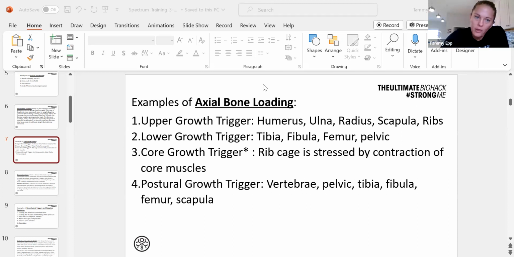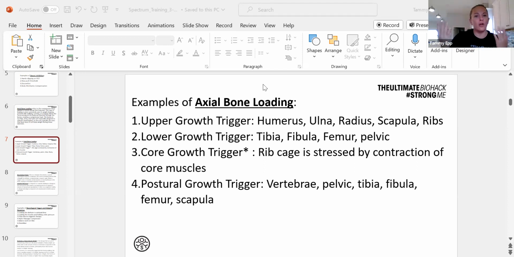The PGT needs the entire body really turned on at its highest level. But most importantly, it needs to have the core done first. The reason for that is because if the core is not engaged around that spine and around your ribs, you have a higher chance of an injury.